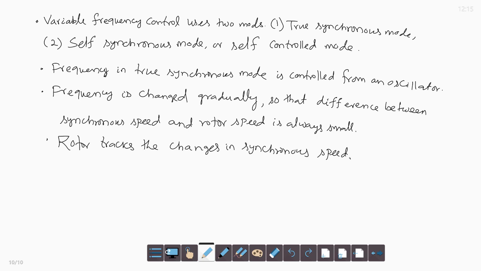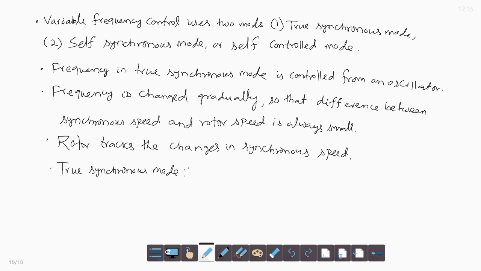When the desired synchronous speed is reached, the rotor pulls into step after some hunting oscillations, and then synchronism is established, so that the load can be driven. Just after pulling in, there will be some hunting oscillation which is damped by the damper winding. So, damper winding is required, and this true synchronous mode is the true behavior of the synchronous machine.